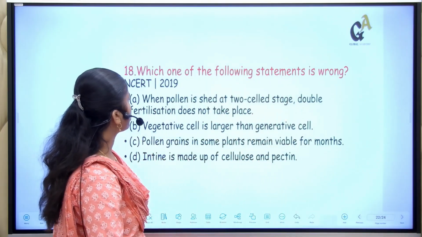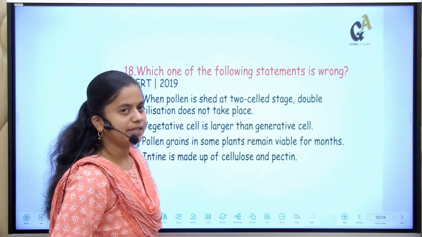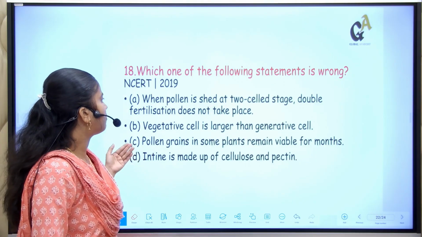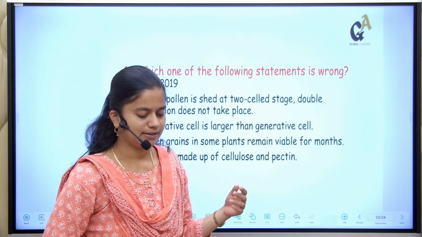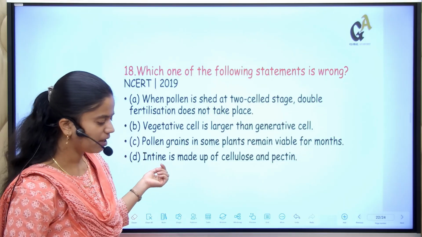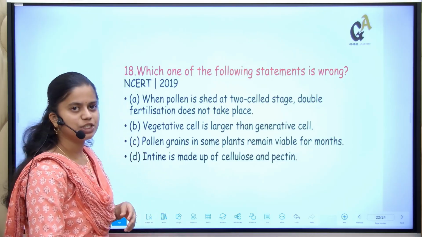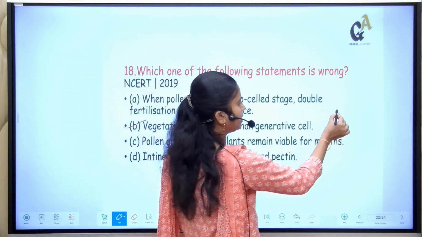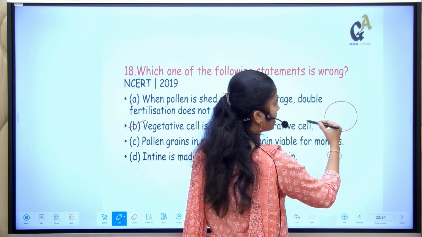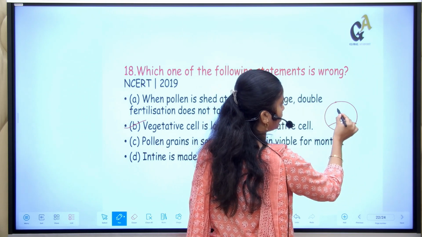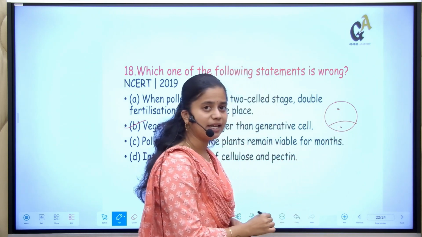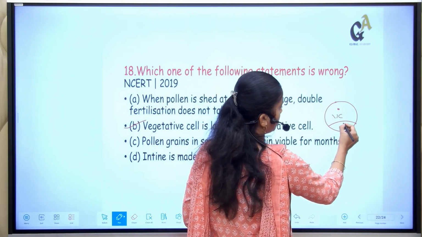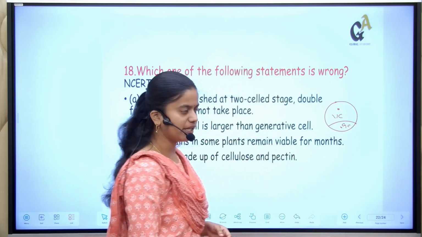Next, which of the following statements is wrong? Option A: when pollen is shed at the two-celled stage, double fertilization does not take place. Then option B, the vegetative cell is larger than the generative cell. Is it correct? Yes. You have seen in the division that the pollen grain undergoes unequal division. The larger cell is called the vegetative cell and the smaller cell is called the generative cell.